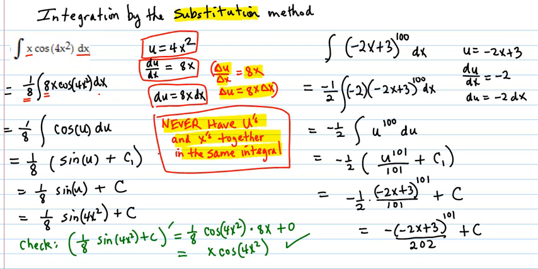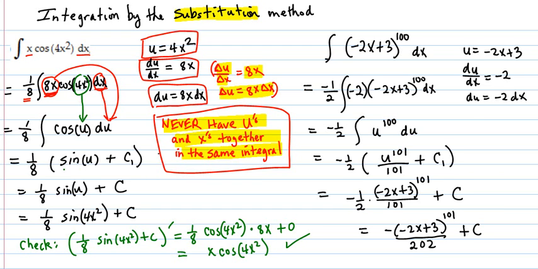So here's your dx and your 8x. So those two here become the du. Okay, that's the du. And the 4x squared is the u. So everything's switched over, lined up.